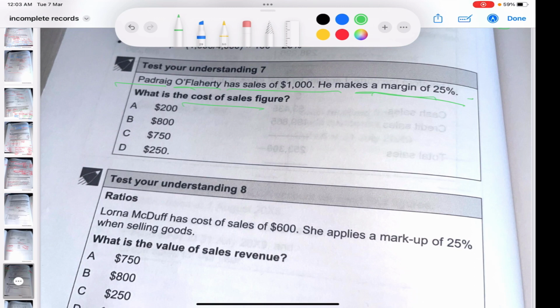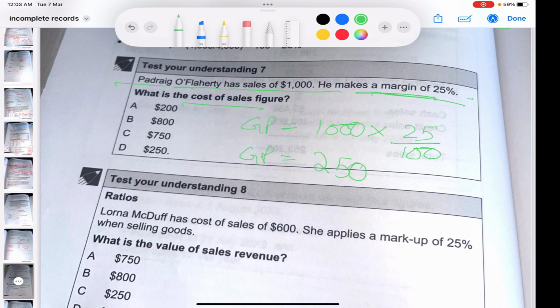We have a margin. Margin is on sales, right? So gross profit is equal to 25% of sales, gross profit on margin, so 250 is my gross profit.